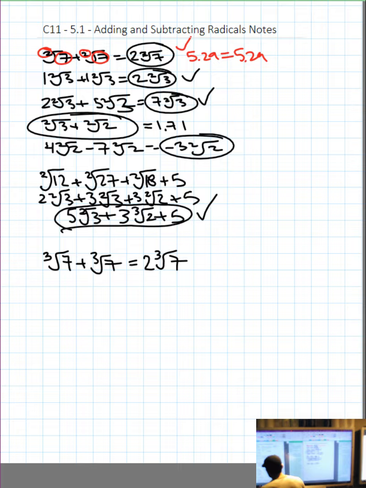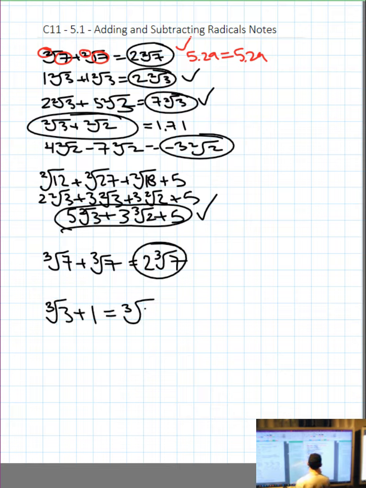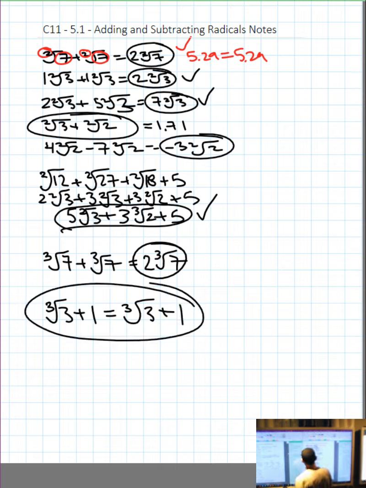Negative 2 cube root 5 minus 6 cube root 5 is just negative 8 cube root 5. And remember, at the bottom, I forgot to circle my answer. At the bottom, the cube root of 3 plus 1 is equal to the cube root of 3 plus 1. We can't add or subtract them. Just like above, the question is the answer.